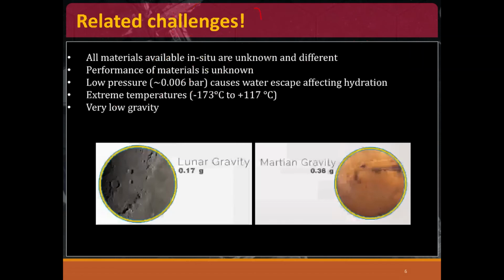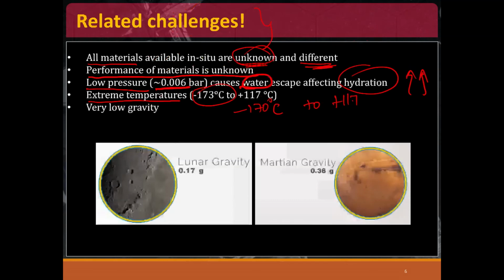We know water is very important for the hydration reaction to take place, so basically no water can be used in space because water will evaporate from concrete due to low pressure. Also, the temperature in outer space can fluctuate from minus 170 degrees C to almost positive 170 degrees C. It's a huge range of temperature fluctuation, which can be deteriorating to the concrete structure.